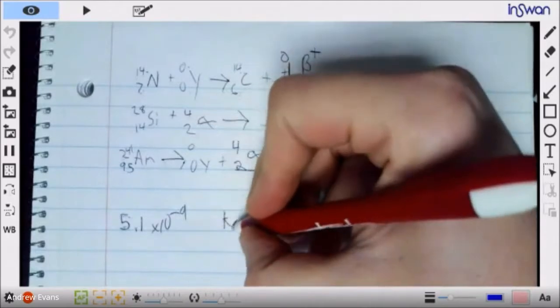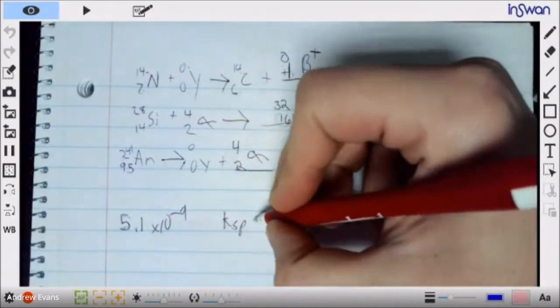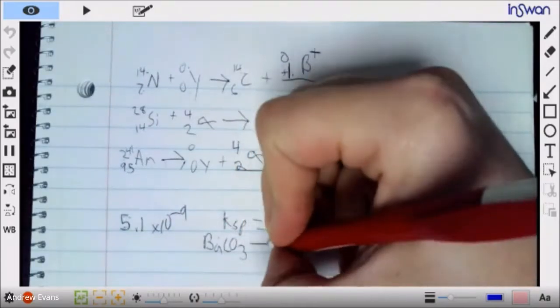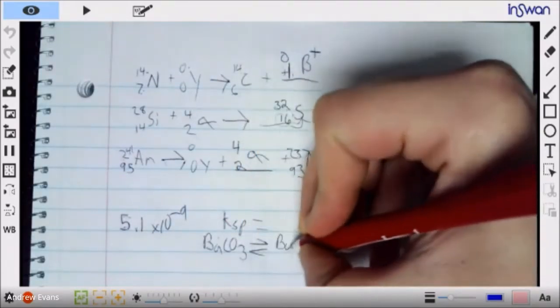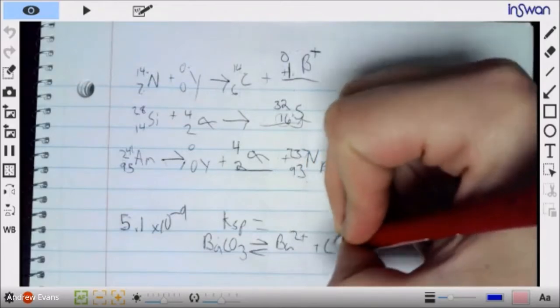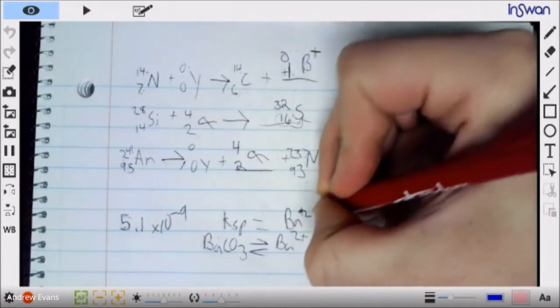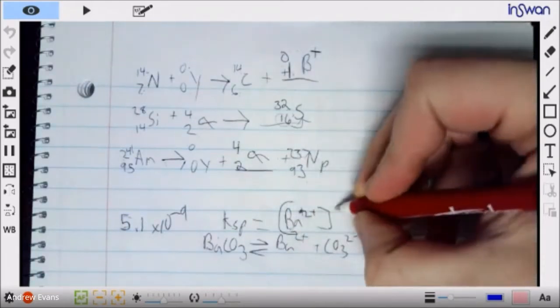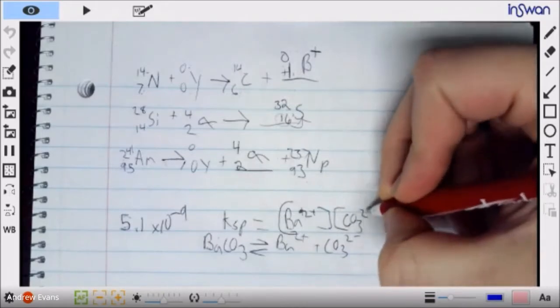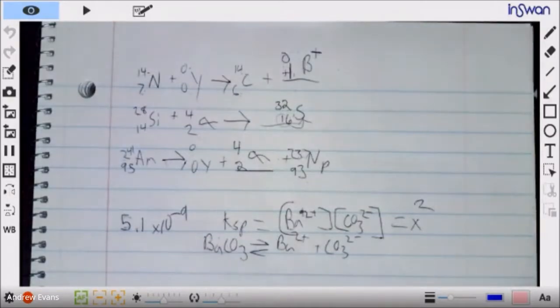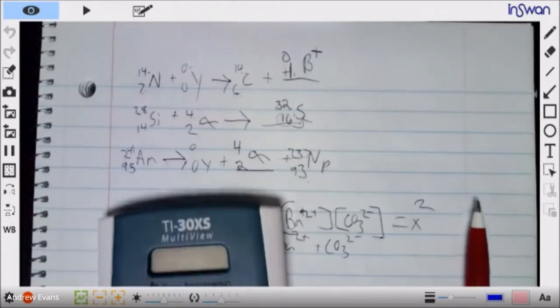Ksp for BaCO3, which reversibly goes to Ba2 plus and CO3 2 minus, is going to be Ba2 plus times CO3 2 minus, which is going to be equal to x squared. So if I take my Ksp and I square root it, I'm going to get the concentration of barium, the concentration of carbonate.